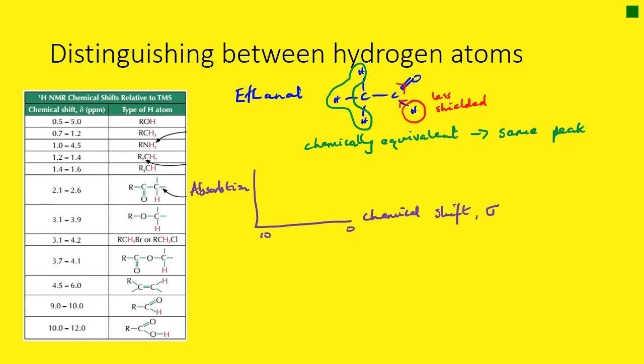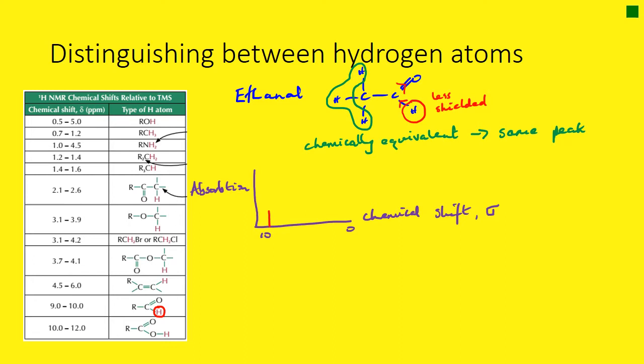So the hydrogen that's connected to a carbon that's connected to a double bond oxygen is this hydrogen here near the bottom, so that's quite unshielded, and therefore the chemical shift is quite high. You can see it's given there between 9 and 10. So let's draw a little absorption peak there for that hydrogen we've put in red.